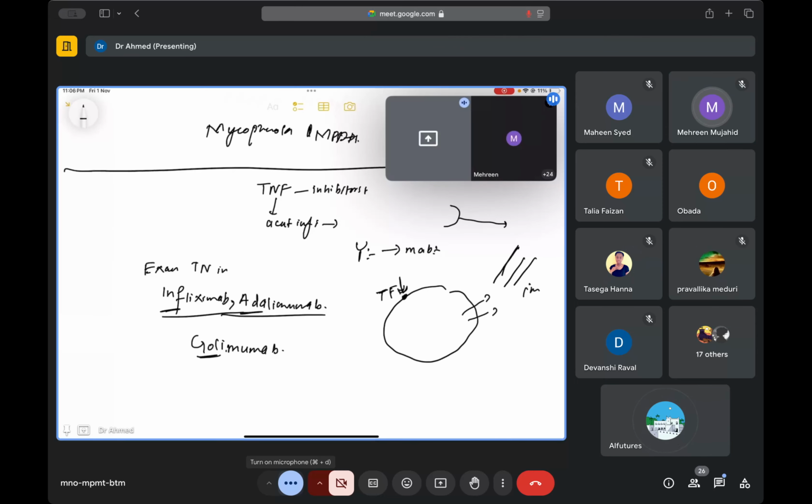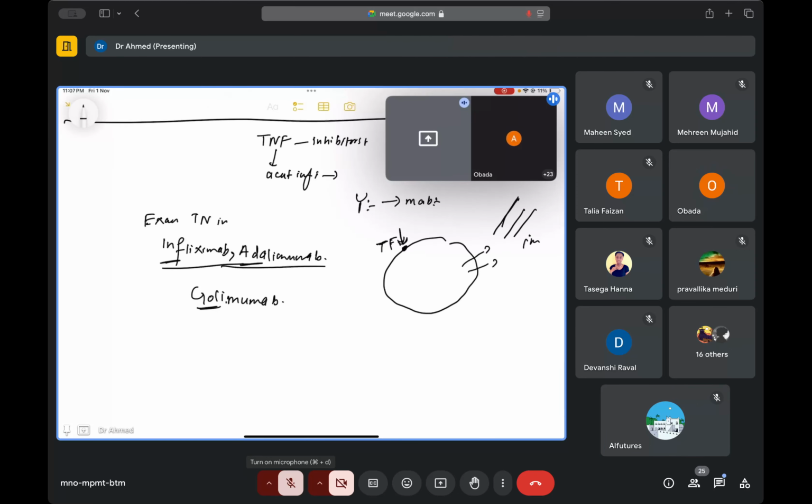They are going to sit on this receptor, and ultimately they are going to inhibit the downstream effect of TNF, that is recruitment of immune cells. So I'm suppressing the immunity. Secondly, what can I do? One approach is to block the receptor.